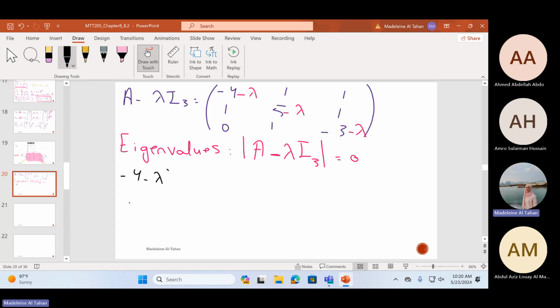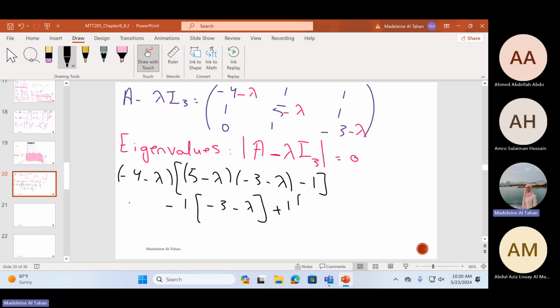Minus 4 minus lambda, times 5 lambda minus 3 lambda minus 1, then plus minus 1 times minus 3 minus lambda, plus 1 times 1 equal to 0. Right, Miss? Then we need to expand.